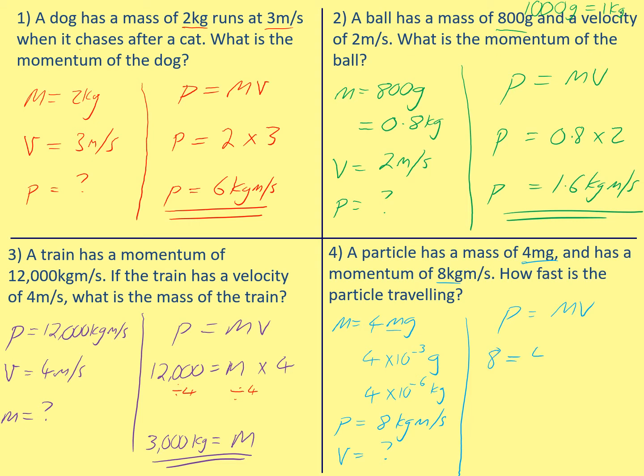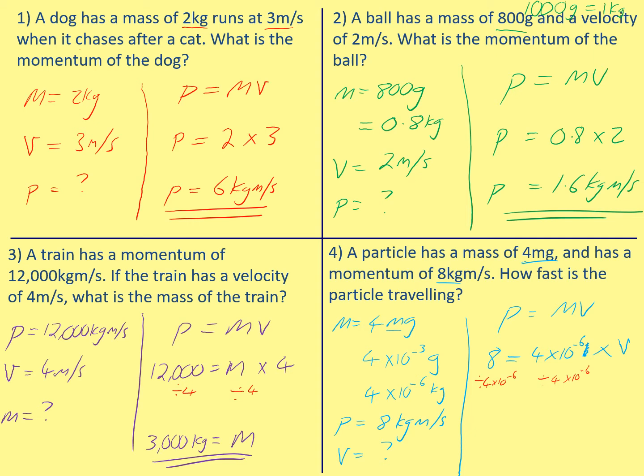The mass is 4 times 10 to the minus 6 kilograms. Times by the velocity. Now to solve this, that's times 4 times 10 to the minus 6. So I'm going to divide by 4 times 10 to the minus 6 on both sides.